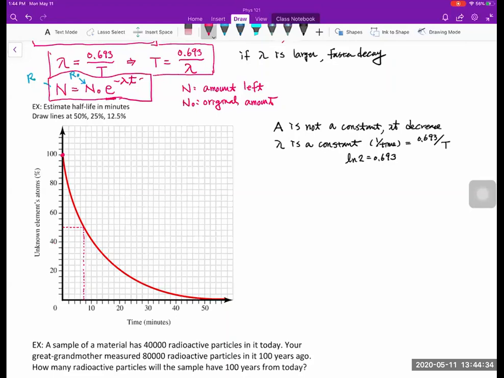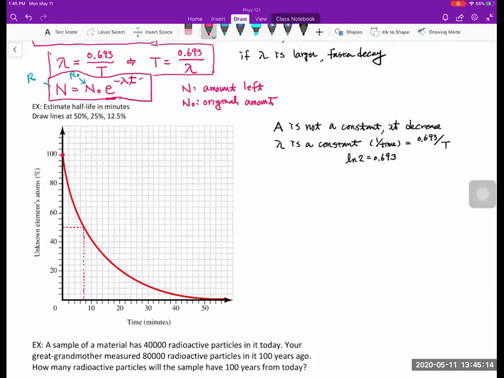Any question about this part? So what do you think the half-life looks like from this graph? Looking at the scale, I would estimate about 7 point something. It's a little bit less than 8, so less than 8 minutes but very close to 8 minutes.